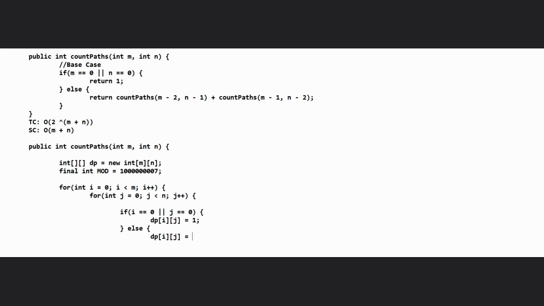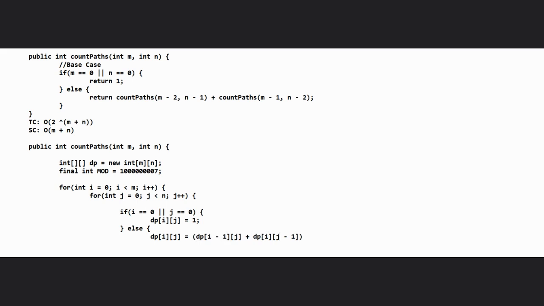whatever the recursive formula that we have, which is dp of i j is equal to dp of i minus 1 j plus dp of i j minus 1, and for the Leetcode problem don't forget to do mod to get the right answers.